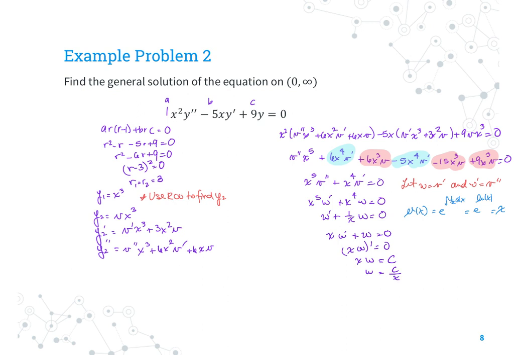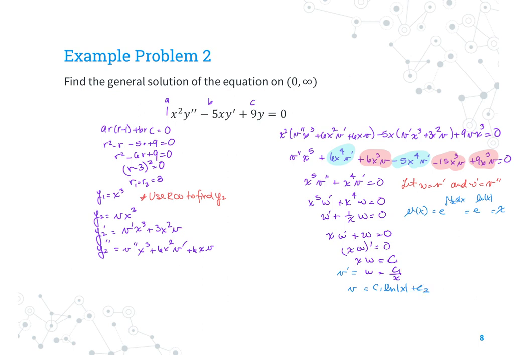We also know that W is the same as V prime, so that means V then is the integral of c over x, or in fact, this should be c1, sorry. And we know then that that would be c1 times the natural log of x plus c2.